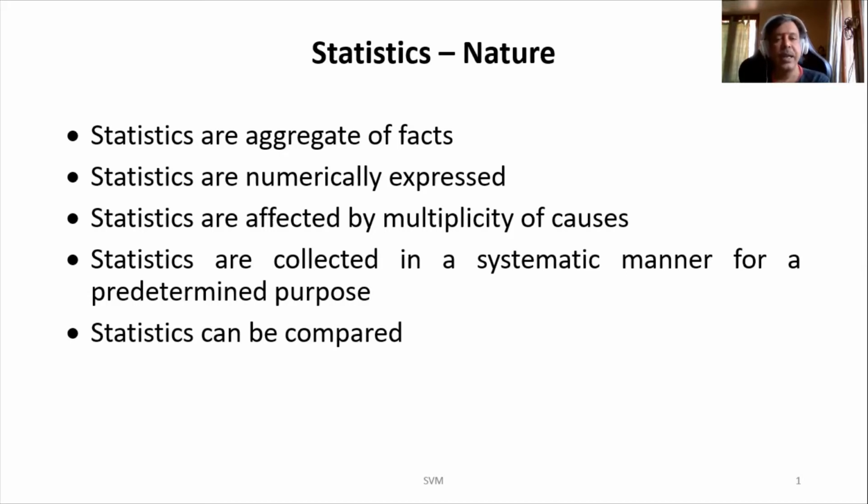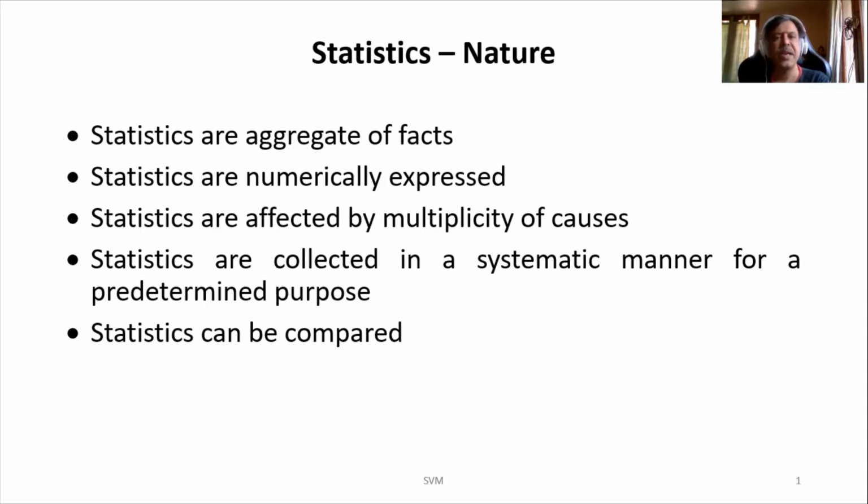Of course, any data you take, any information you take, is affected by multiplicity of causes. Different causes, different variables may have an effect on your data. All the data collection happens in a systematic manner for a specific purpose. You have to have an objective in advance, and based on that only you are going to collect your data in a systematic way.